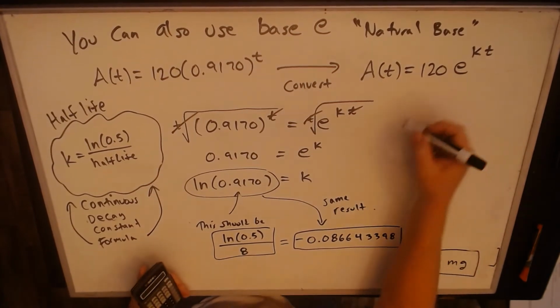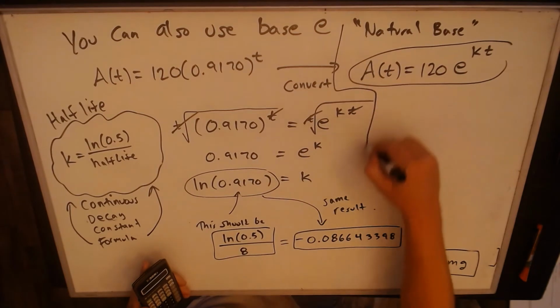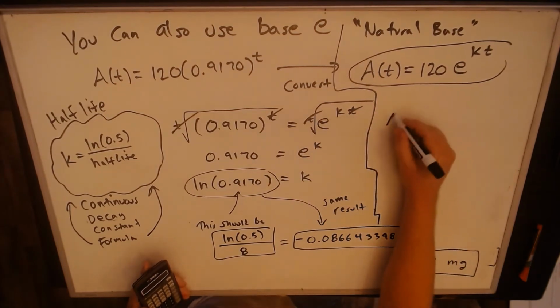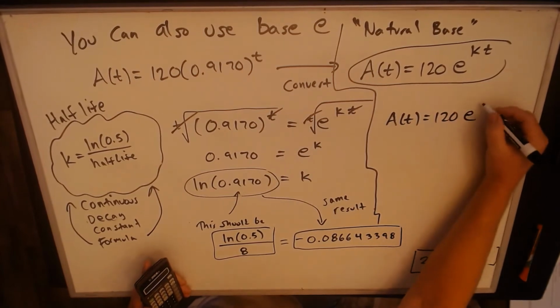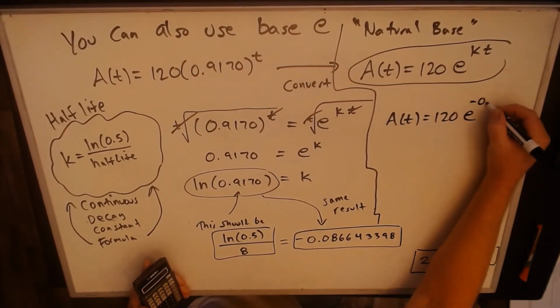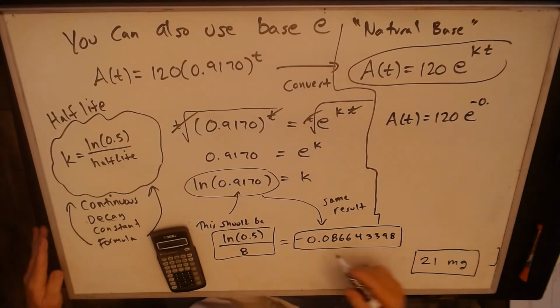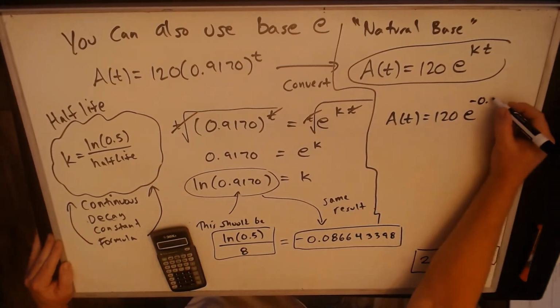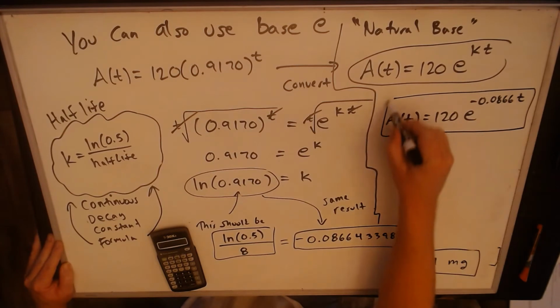So now we have a continuous growth formula here. So our continuous growth formula is A(t) is 120 times e to the negative... I'm sorry, I just said growth. I'm talking about decay. Continuous decay formula, 0.0866t. Four decimal places is sufficient for this problem.